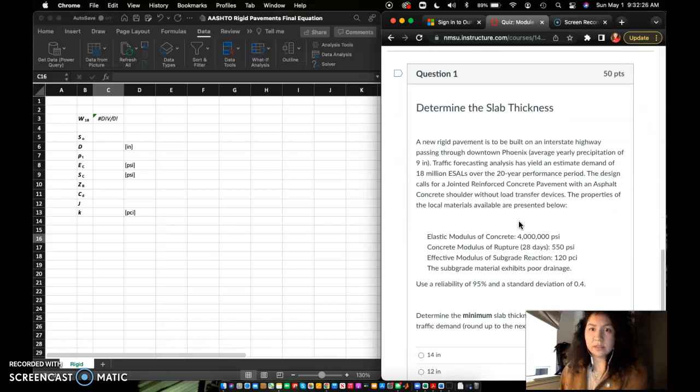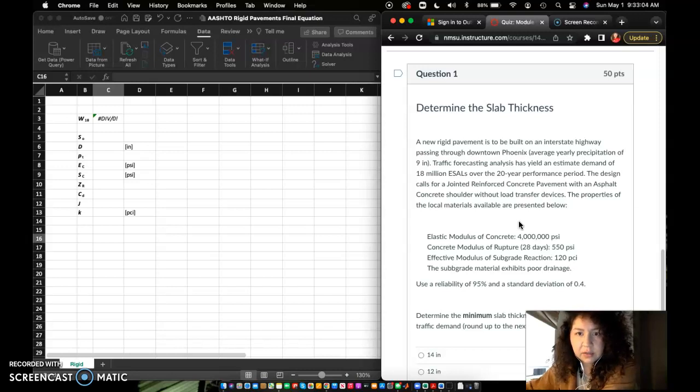Determine the slab thickness. A new rigid pavement is to be built on the interstate highway passing through downtown Phoenix. Average yearly precipitation of 9 inches. Traffic forecasting analysis has yielded an estimated demand of 18 million ESALs over the 20-year performance period.